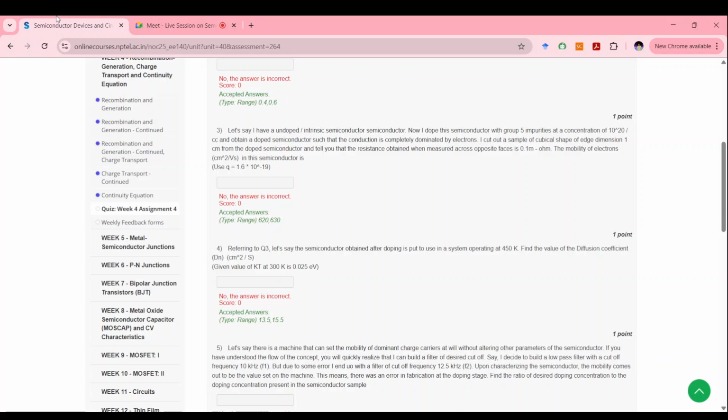No, wait a second. So they have asked about the coefficient. Now, if the coefficient is Dn in centimeter square per Siemens, that is 10 to the power 20, so that would have been 18.5. Still, it's larger than that.